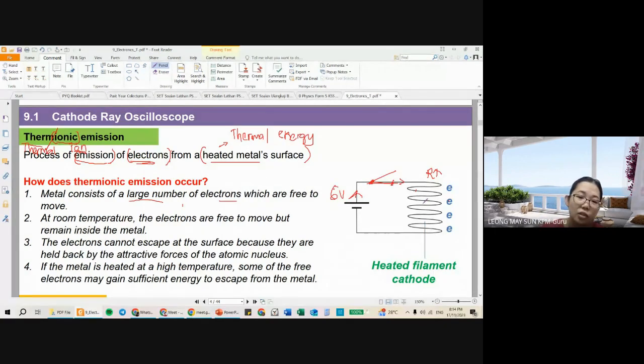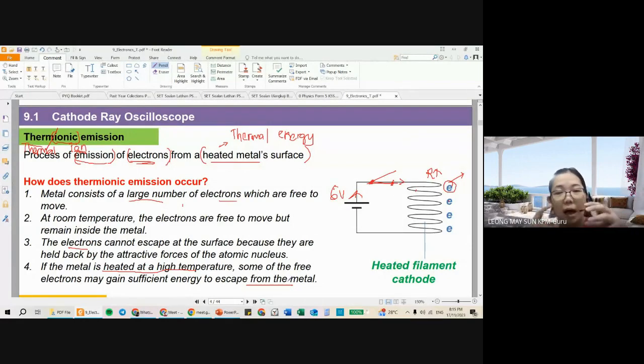The electrical energy gets converted to heat energy, and that thermal energy is absorbed by the electrons, and they escape from the metal surface. That is how thermionic emission occurs: the release of electrons because the metal is heated to a high temperature, and some of these electrons gain sufficient energy to escape from the metal.